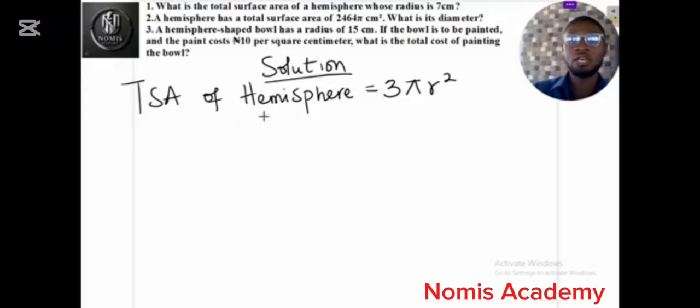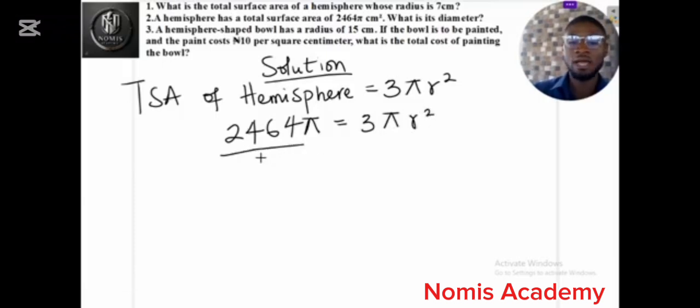The total surface area of hemisphere is simply 2464 pi as given from the question, equal to 3 pi. Since we have pi at the left hand side, we should not express the value of pi, so multiply by r squared. So if I divide through by 3 pi, pi can cancel pi, 3 can cancel 3.